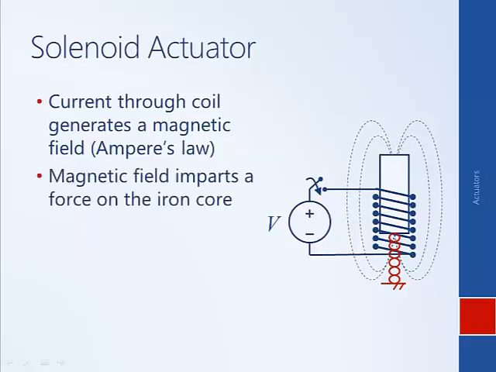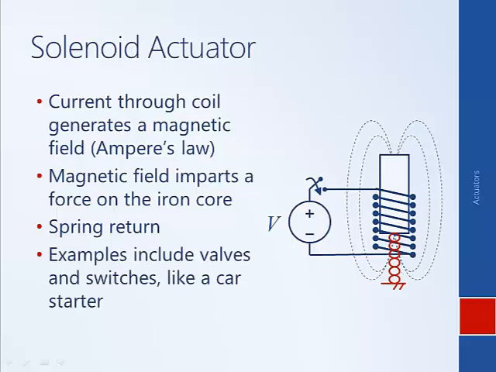This magnetic field then imparts a force on this iron core, causing it to move, in this example, downward. When the switch is released, causing current to stop flowing through the coil, the magnetic field disappears and the iron core is returned to its original position by a spring.